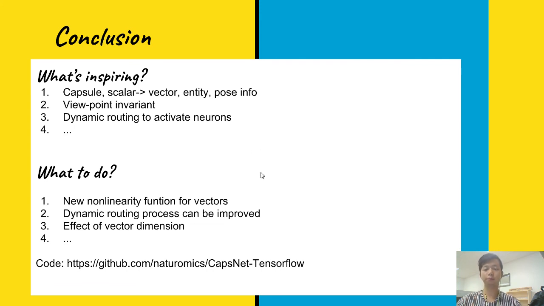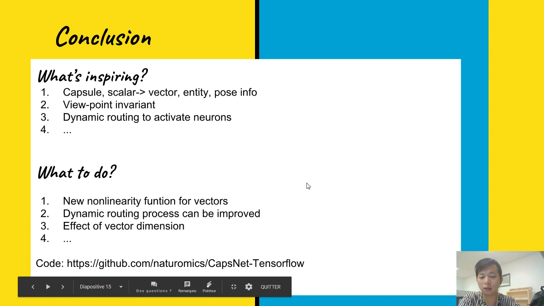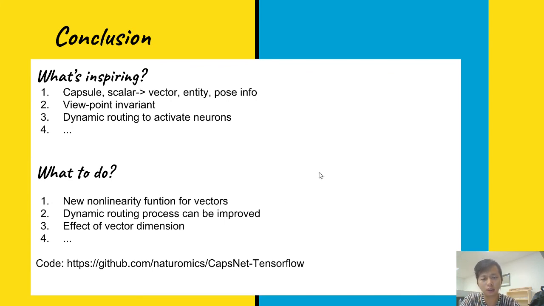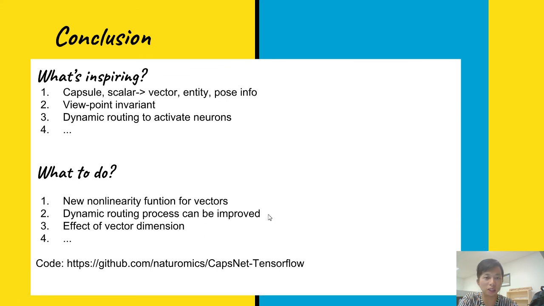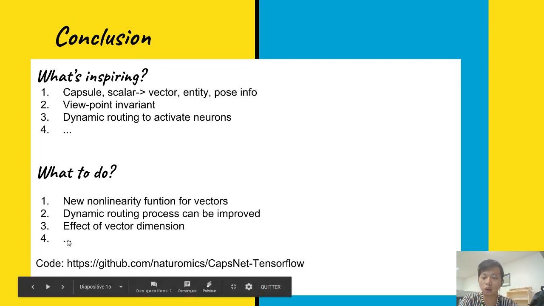What can be done? A lot. For example, the nonlinearity function, the squash function, can be changed to improve the performance. The dynamic routing process can be improved too. Like Hinton originally proposed to use a mixture model, and this paper uses a fairly easy dynamic routing process. Also, I would be very interested in the effect of vector size.